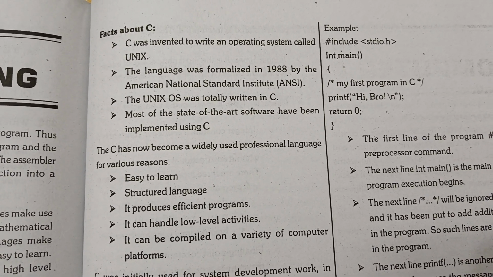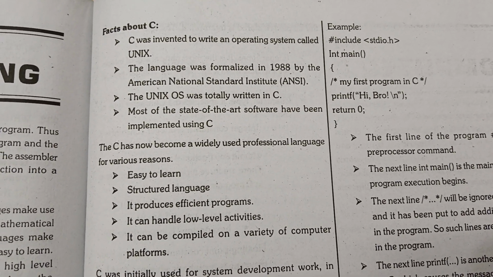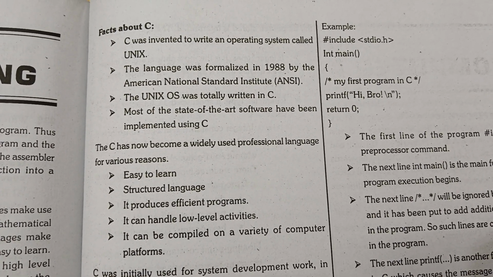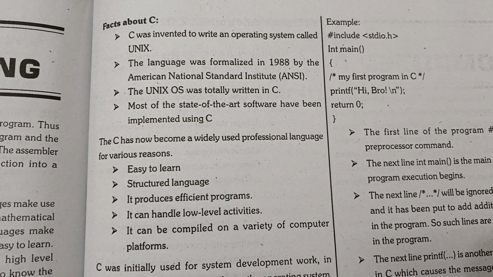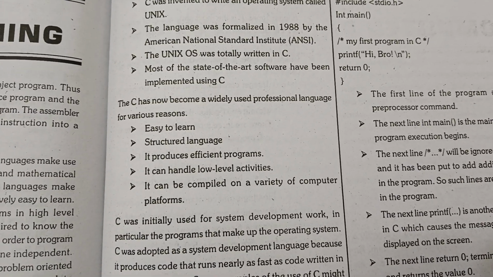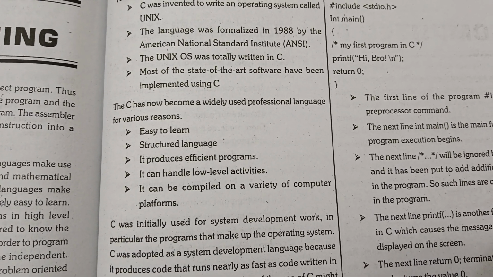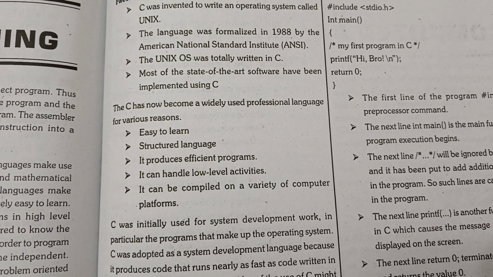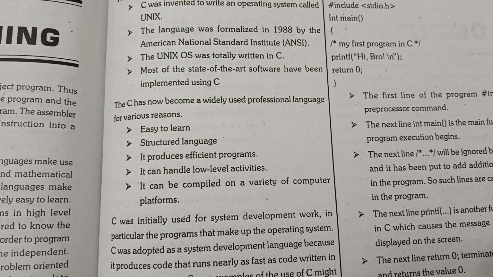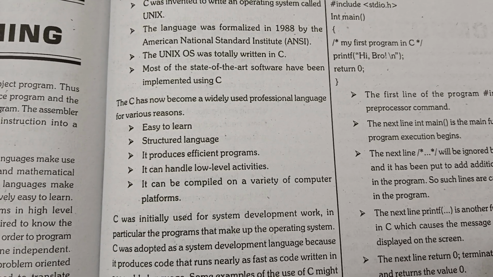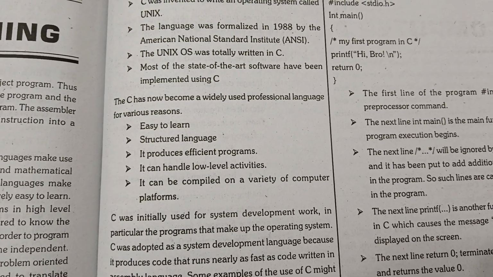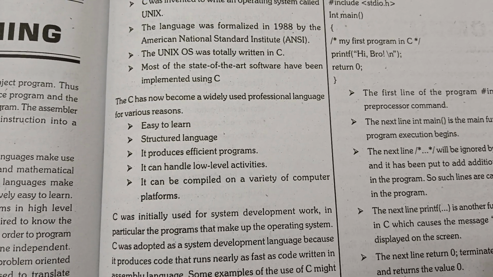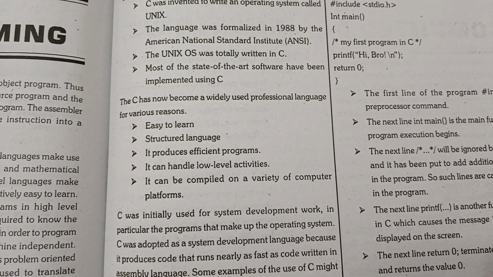The Unix OS was totally written in C. Most of the state-of-the-art software have been implemented using C. The C has now become a widely used professional language for various reasons. Easy to learn, structured language, it produces efficient programs, it can handle low-level activities, it can be compiled on a variety of computer platforms.